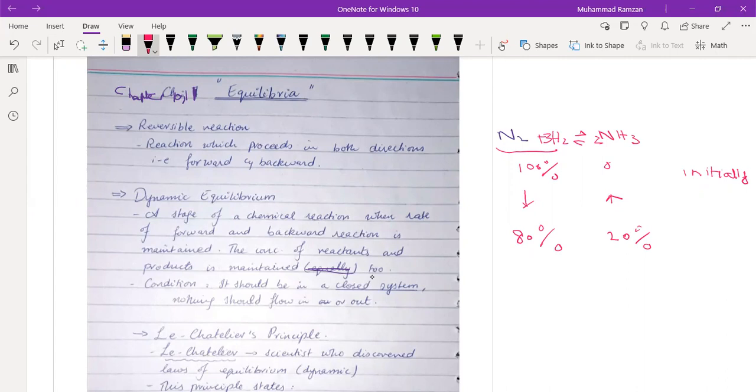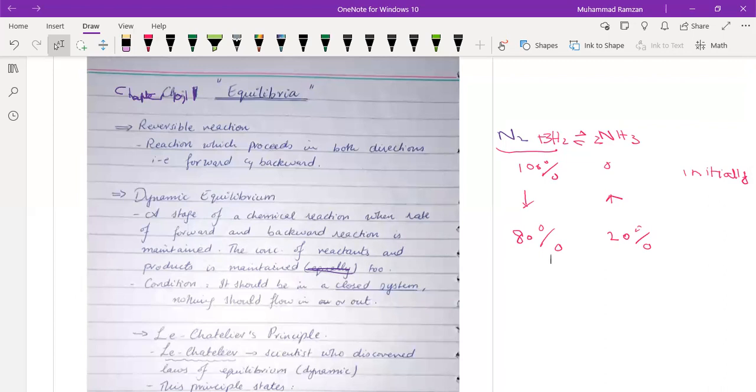Next there is a principle called Le Chatelier's principle. Can you tell what is meant by this? In a closed system, when you change one of the conditions, for example temperature, pressure, or concentration, the reaction will counteract that change to bring it back to equilibrium. Yes, good.